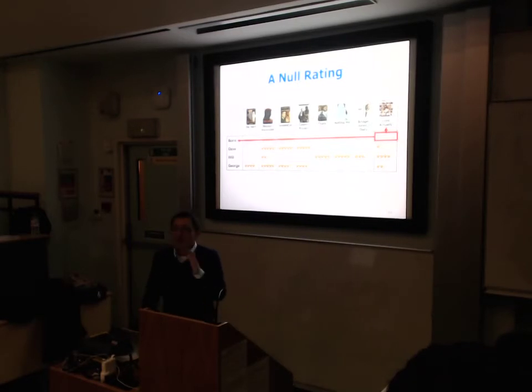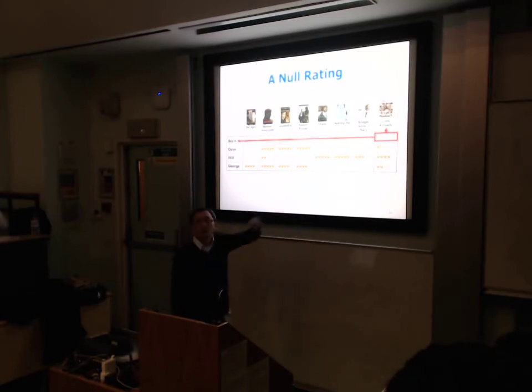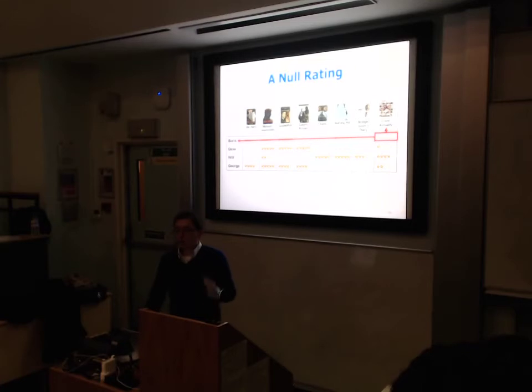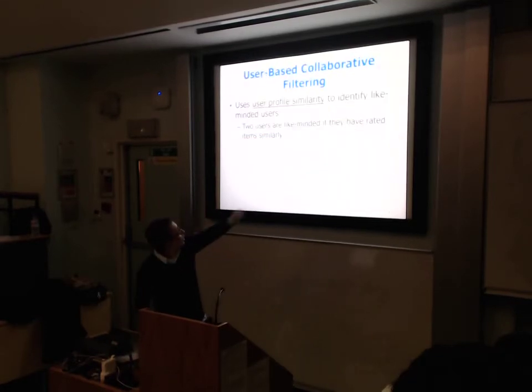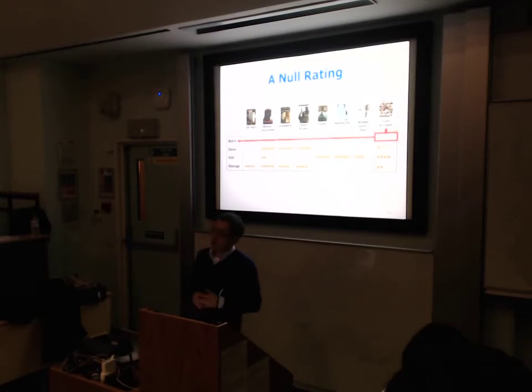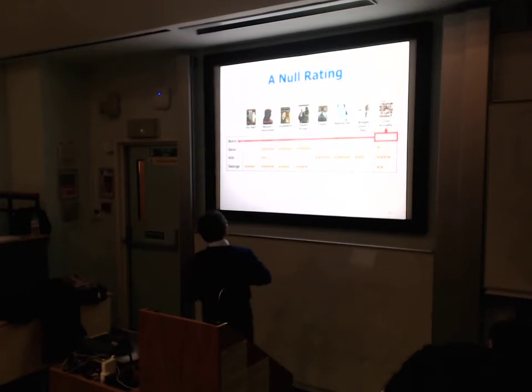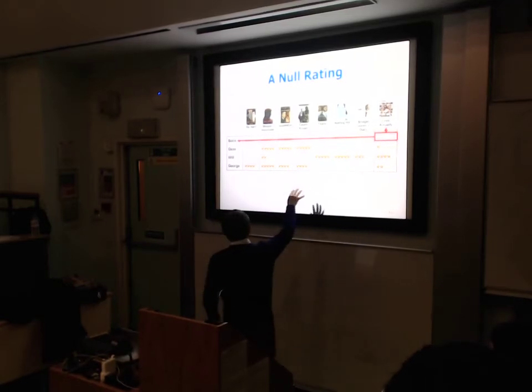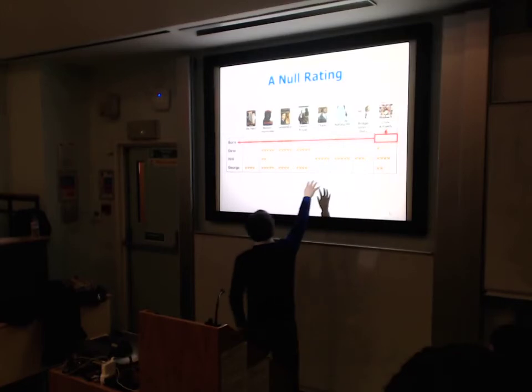And in most cases, because you don't have observations, users are not able to watch all the movies, right? Therefore, this matrix is going to be very sparse, and there is a lot of missing data.